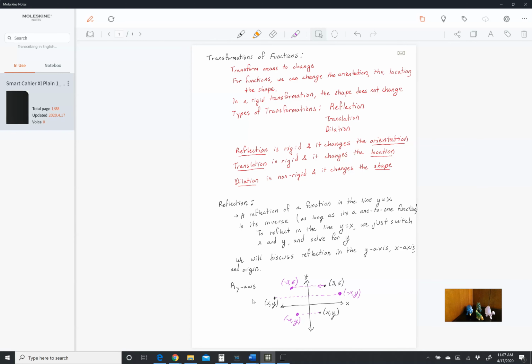Okay. So what we're seeing is, to reflect in the y-axis, not y equals x, to reflect in the y-axis.